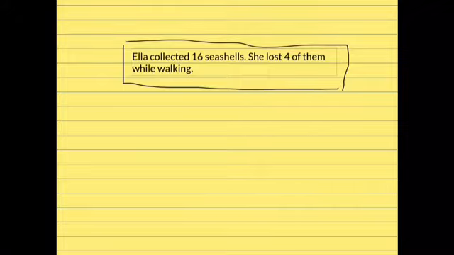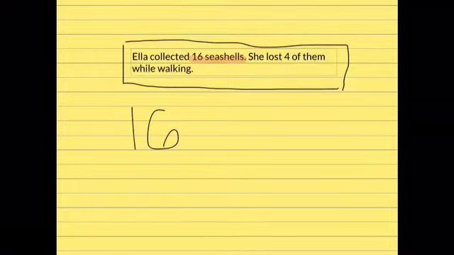Remember, numerical expressions do not have an equal sign. Listen as I read the problem. Ella collected 16 seashells. She lost 4 of them while walking. So our directions tell us to write an expression to match the words. I would simply take the number of seashells she collected, which is 16.